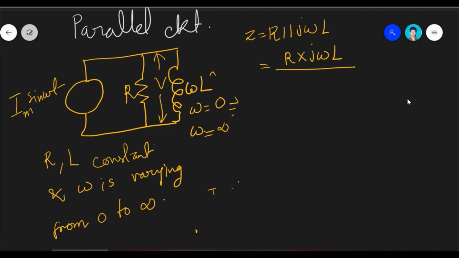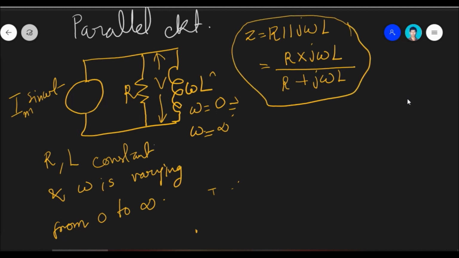You would have R plus j omega L, and then you need many complicated manipulations of complex algebra to find the value of this impedance.